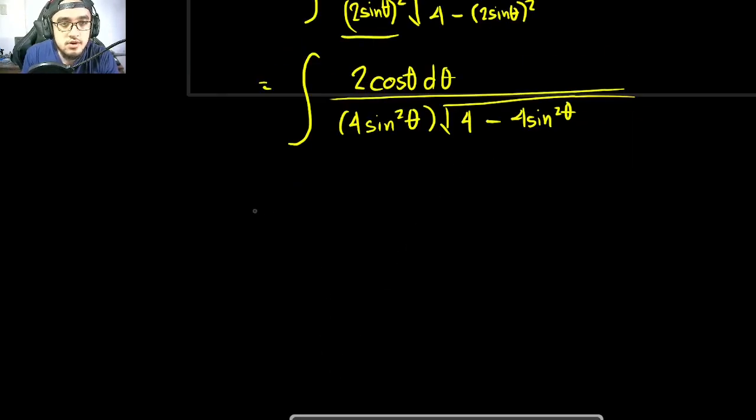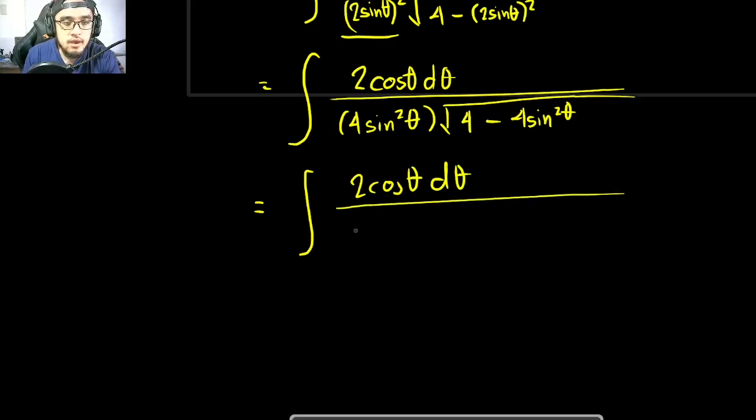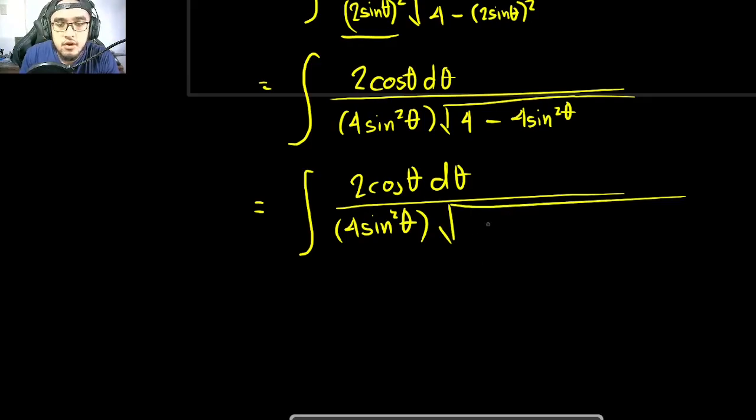Simplifying this equation, this is to be equal to the integral of 2 cosine theta d theta divided by 4 sine squared theta times the square root of, once again factoring out 4, 4 times 1 minus sine squared theta. And just like what I have said earlier, this is to be an identity of cosine squared theta.